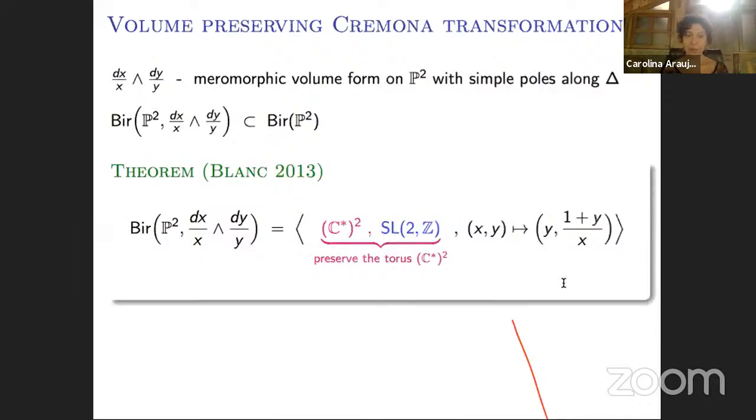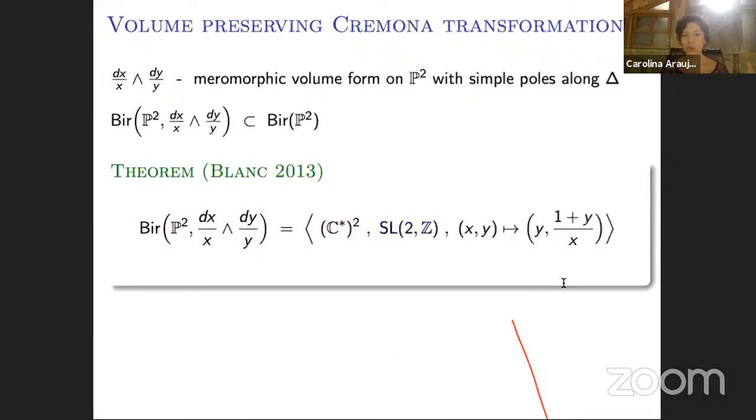There is the first part in pink and blue, which is the part that preserves the torus. You have the torus itself acting by translation, and SL2Z acting by monomial transformations. Then you have to add another element. This is an element of order 5, which also preserves the form, and they generate the whole group.